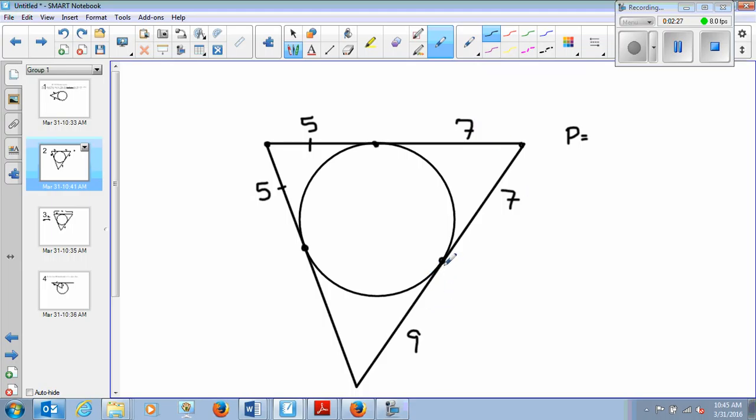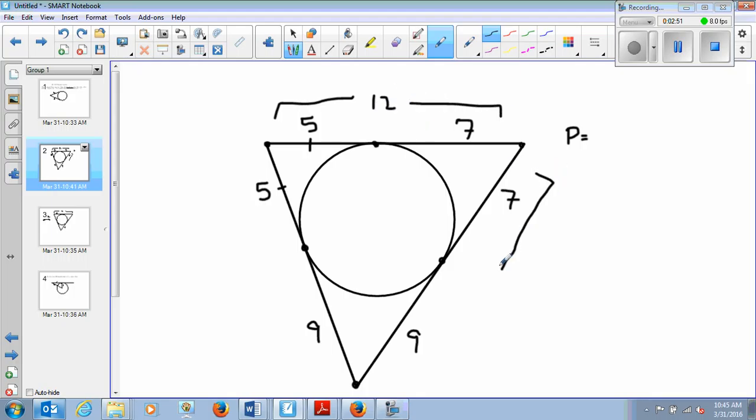Down here we see another one that's 9. If this length is 9, this tangent line intersects this tangent line right there, so from the circle to where they intersect is going to be congruent. So if we wanted to find the perimeter of this, we would add up the sides. This side has a length of 12.